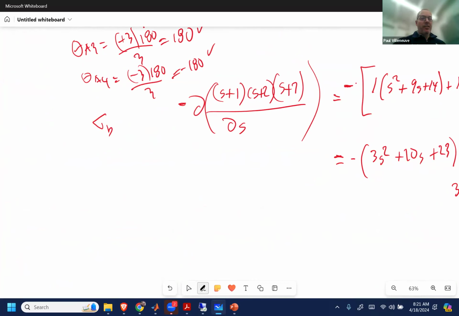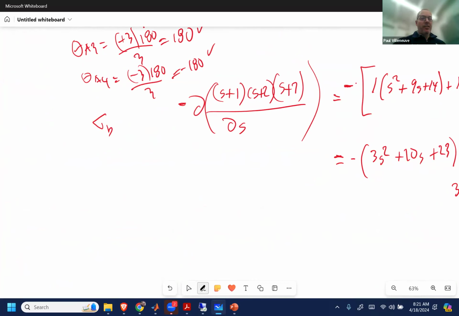So we have 1 plus k over s plus 1, and I'm going to cheat a little bit and combine those terms together. So I have s squared plus 9s plus 14. That's my characteristic equation, going to be the numerator.